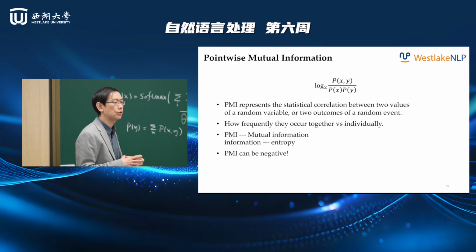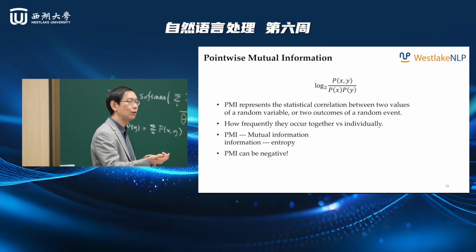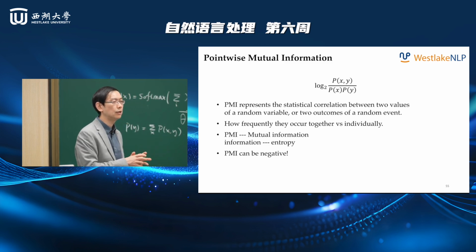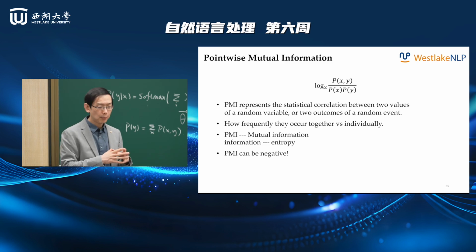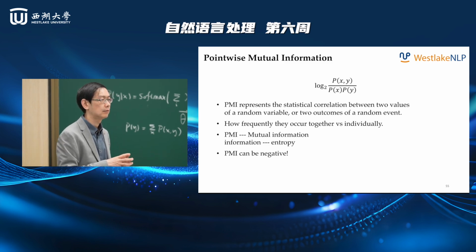You have an exercise that says mutual information is non-negative. Okay? So if you know a random variable, you can only reduce the uncertainty about another, or not change the uncertainty. But pointwise mutual information can be negative. Okay.